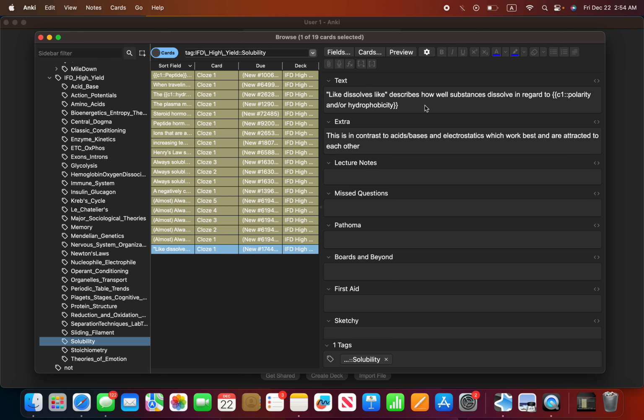Like dissolves like describes how well substances dissolve in regard to polarity and or hydrophobicity. This is in contrast to acids, bases, and electrostatics, which work best when they are attracted to each other.